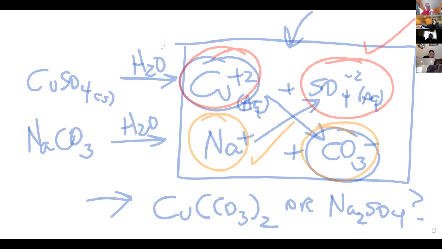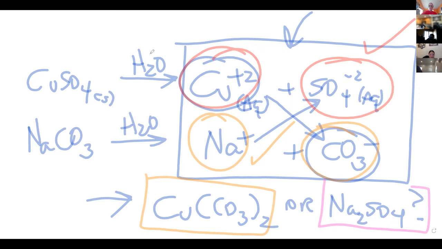So the only two things that could form an insoluble compound are either this or this. One of those two has to be insoluble. Because sodium is generally super duper soluble, this is going to still be soluble.